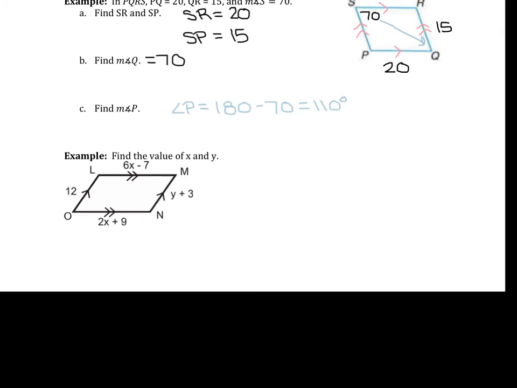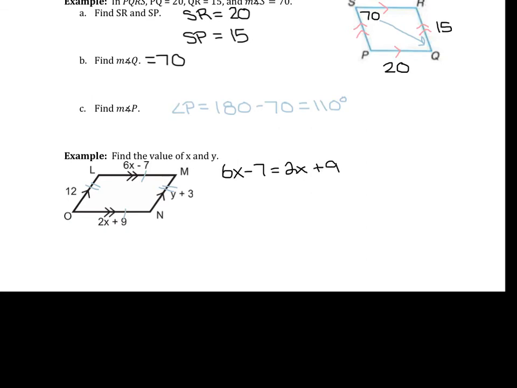In the next example, again, we are given that we have a parallelogram. LMNO is a parallelogram. Because it's a parallelogram, we know that the opposite sides are not only parallel, but they are congruent to each other. So LM is congruent to ON, and MN is congruent to LO. If I'm looking for the value of X and Y, to find X, I would do 6X minus 7 equals 2X plus 9.